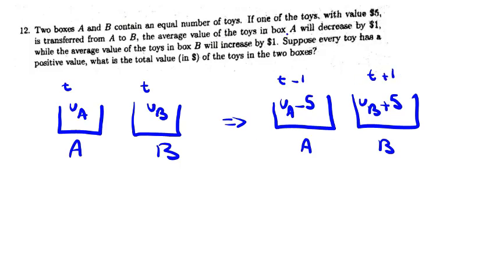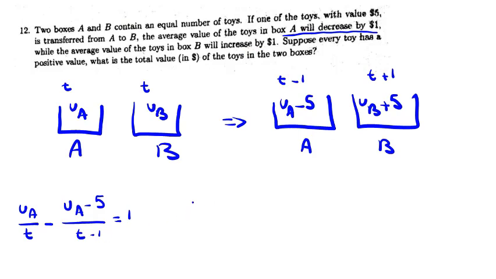The average value of the toys in box A will decrease by $1. So VA minus 5 over T minus 1, it decreased by 1. So VA over T minus VA minus 5 over T minus 1 will be 1. Why the average value of the toys in box B will increase by 1.